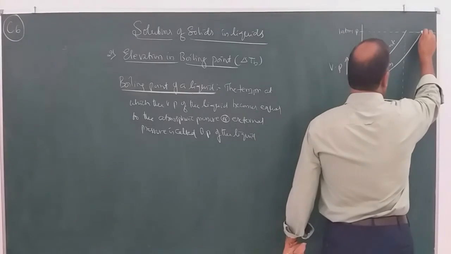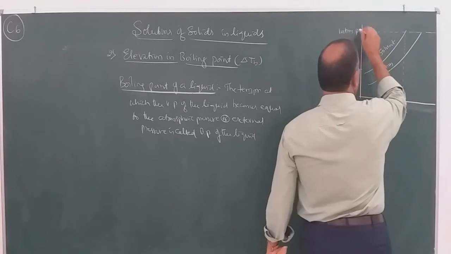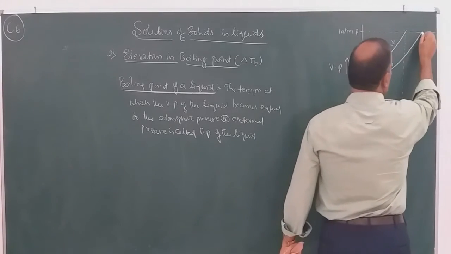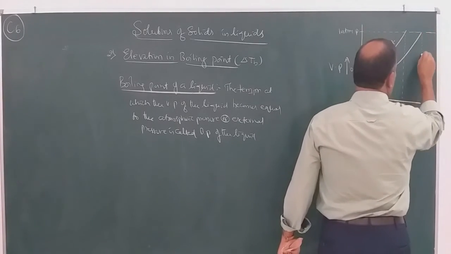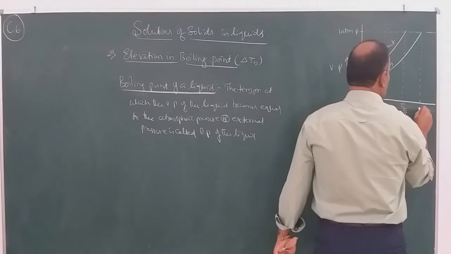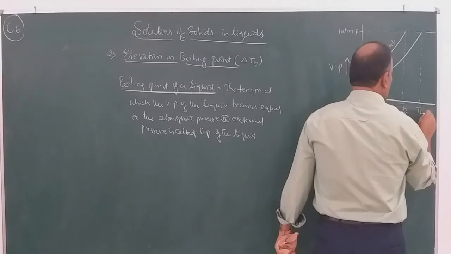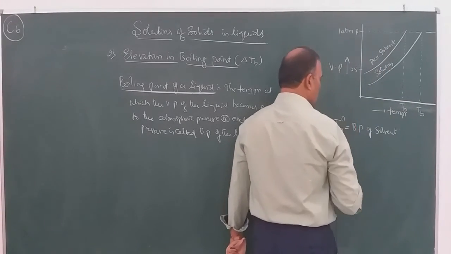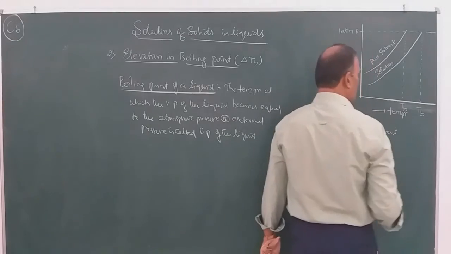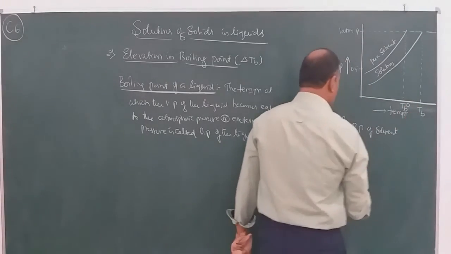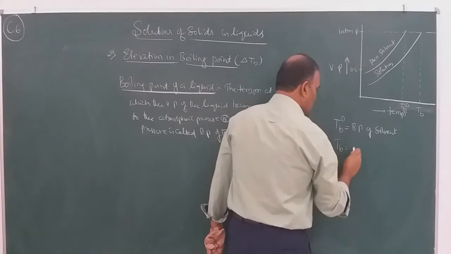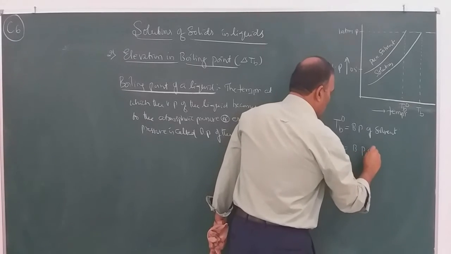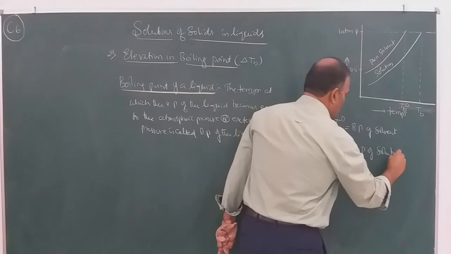At one particular temperature, its vapor pressure also becomes equal to atmospheric pressure and the solution boils. The corresponding temperature is known as TB. So for pure solvent, we will consider it as TB naught, and for solution, we will call it as TB. What is TB? TB is equal to boiling point of solution.